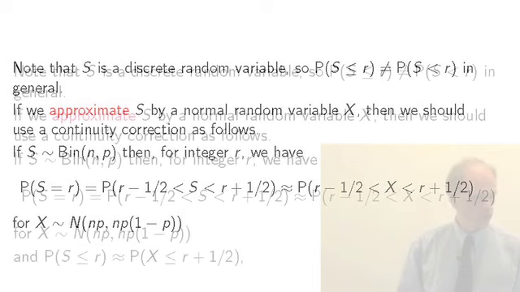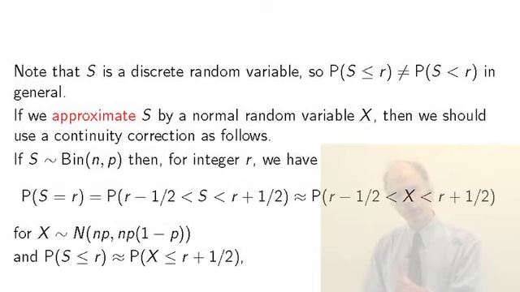And of course, we can use that also in the case where we want to find the probability of outcomes up to a certain point. So for example, the probability S less than or equal to r, we'd approximate by the probability of x being less than or equal to r plus a half, because we want to include r, and that means we extend up to r plus a half for the normal.